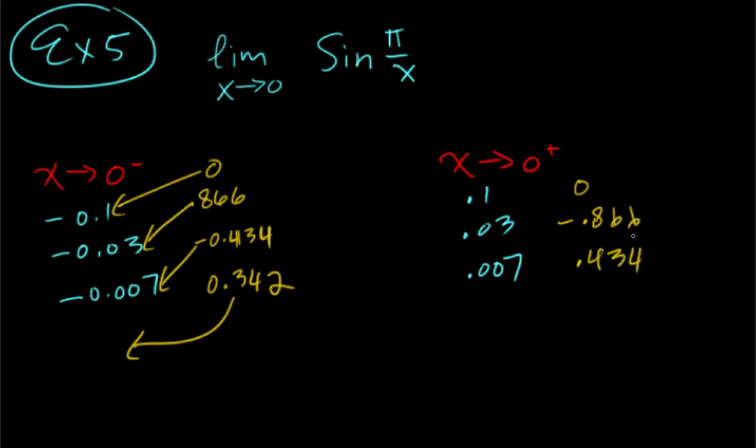Okay, so we actually ended up getting the same values, just the signs are flipped on all of them. Now, both of these don't seem to converge to anything, and since the left-handed limit and the right-handed limit are not converging to anything, but specifically not converging to the same thing, we can say that the limit does not exist.